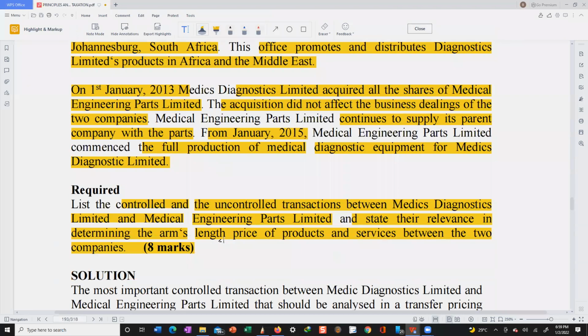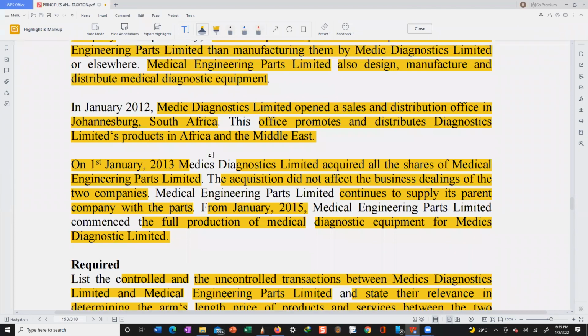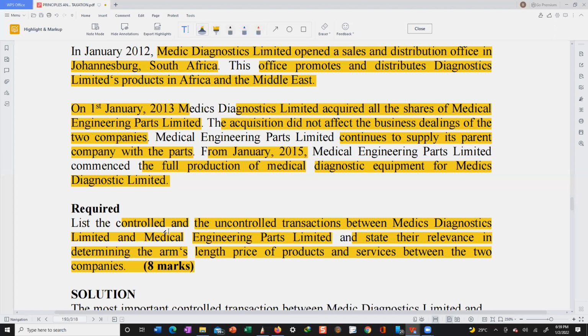So my question is, can you identify the controlled and uncontrolled transactions from the scenario, from what we said? I'm waiting. If you can post some of them in the chat column. I explained that any transaction between them before 1st January 2013 was uncontrolled in nature, and any transaction after 1st January 2013 was controlled in nature.